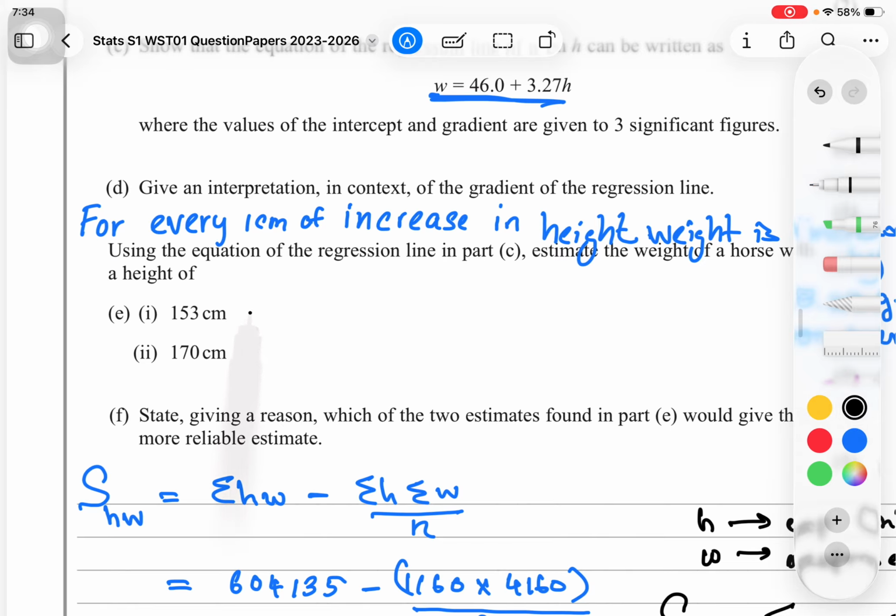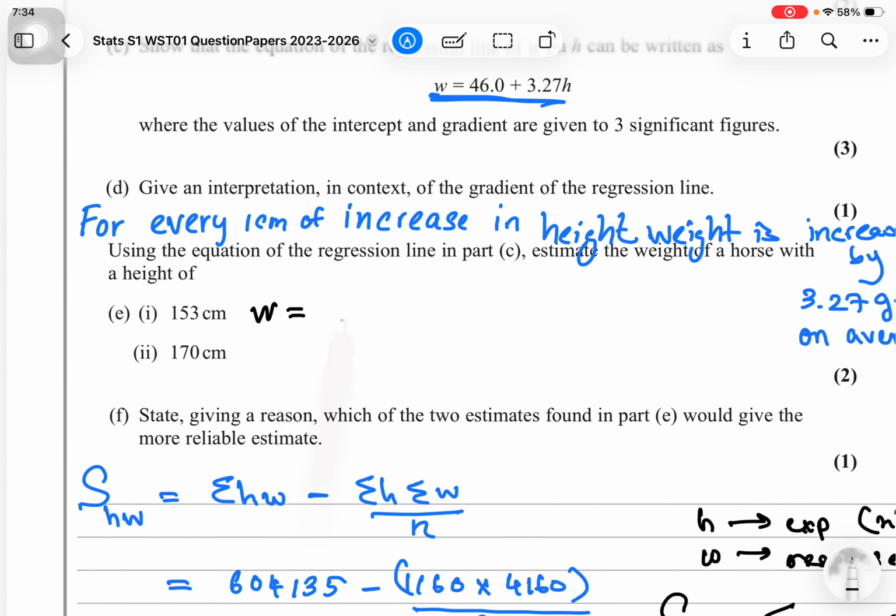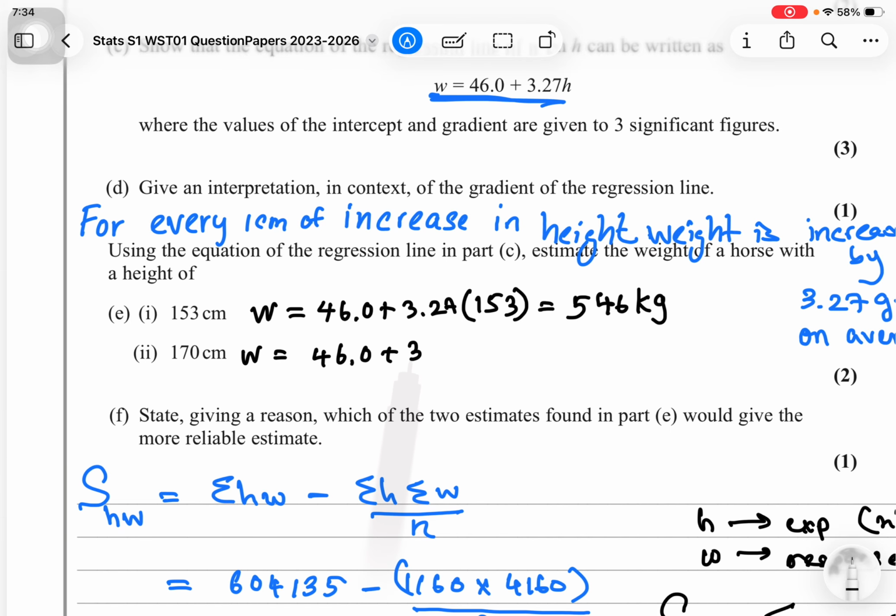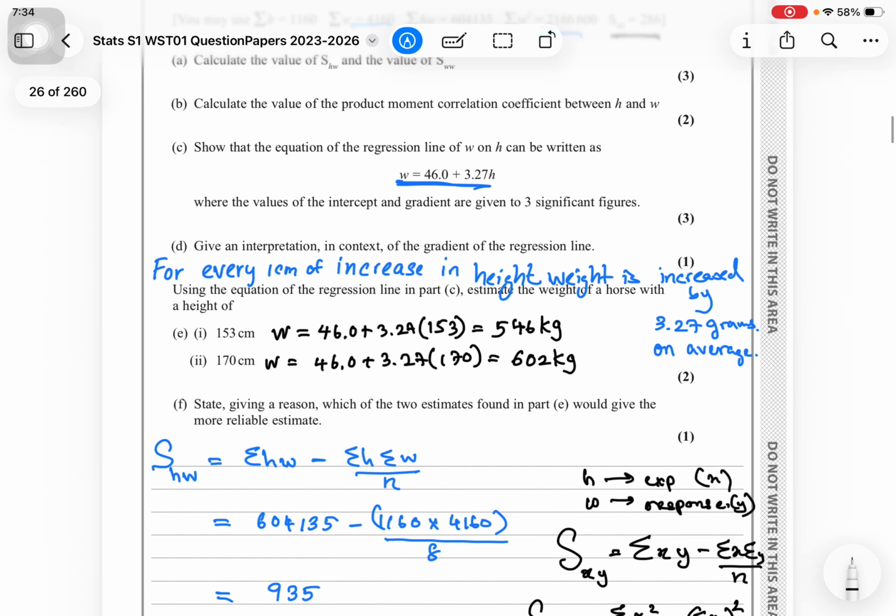For a particular H, we get W equals 46.0 plus 3.27 times 153, because the units are the same, which gives almost 546 kg. The second one is 46.0 plus 3.27 times 170, which gives 602 kg. So this gives us the answers.